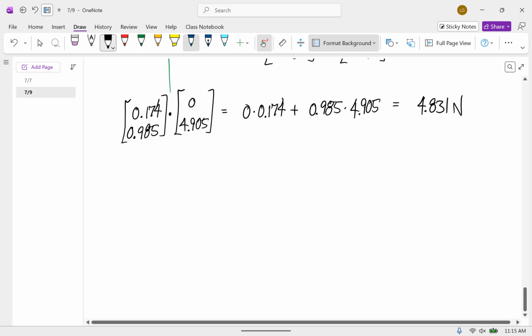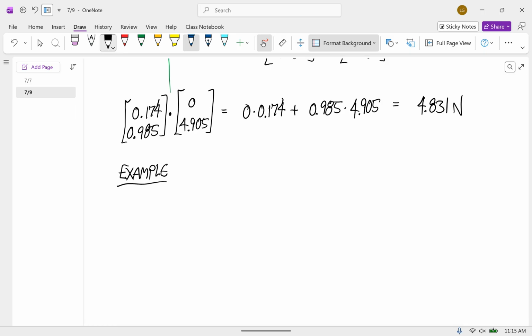Okay, let's do another one. Let's say we have a pulley attached to the ceiling. And the cable that goes over the pulley, one end is attached to the ground, and the other one is holding up a mass of 3 kilograms.